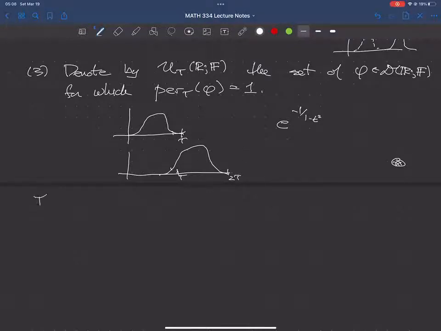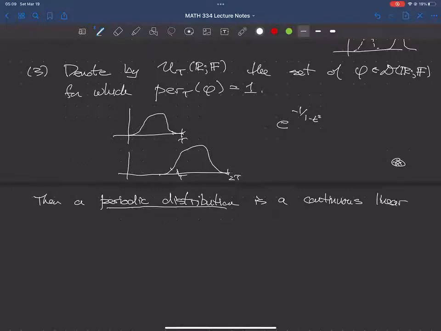So a periodic distribution is a continuous linear map on D_per^T from into F in the usual way.